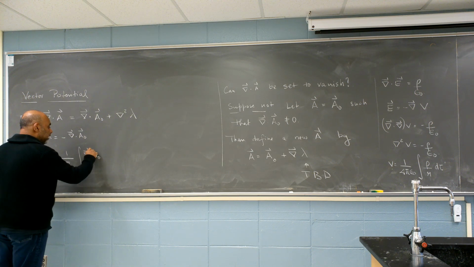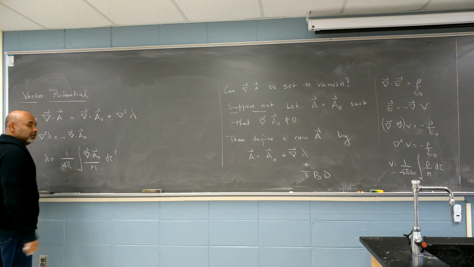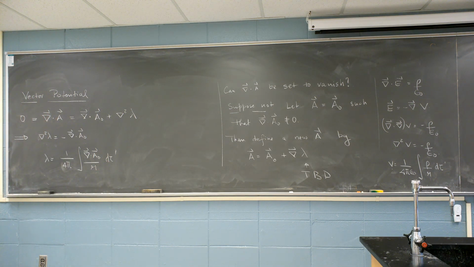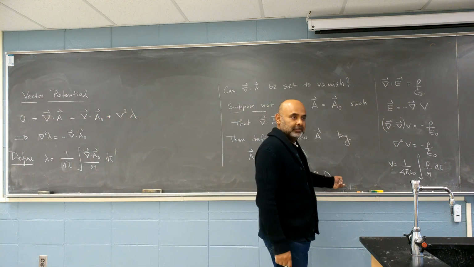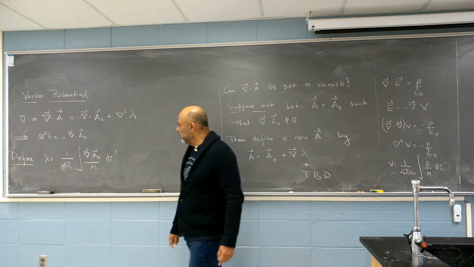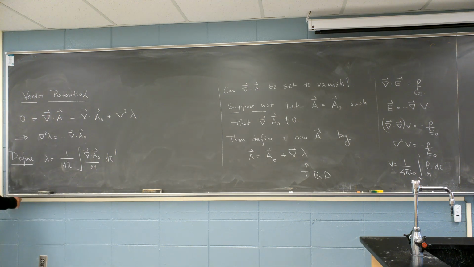If I define my new lambda to be this, because on this page it was TBD, now we have determined it to be this. Then what happens?